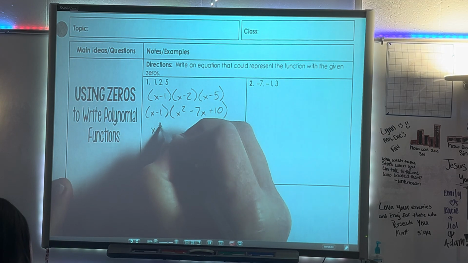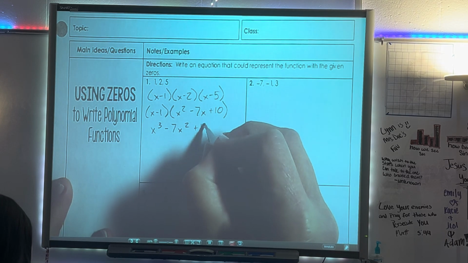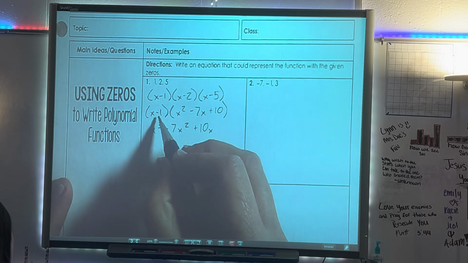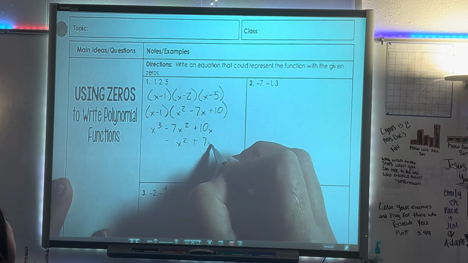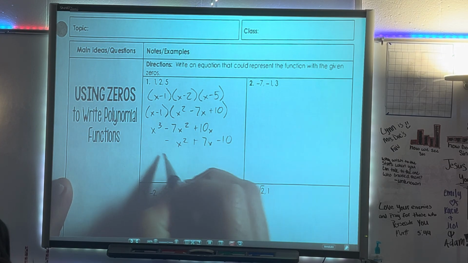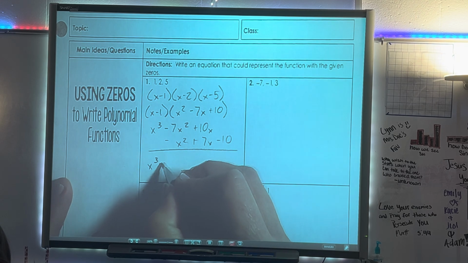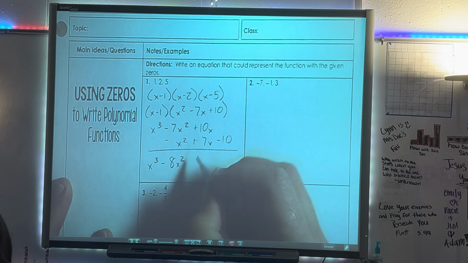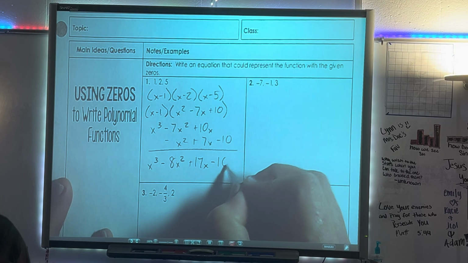So it would be x cubed minus seven x squared plus 10x, and then negative x squared plus 7x minus 10 should give us x cubed minus 8x squared plus 17x minus 10.